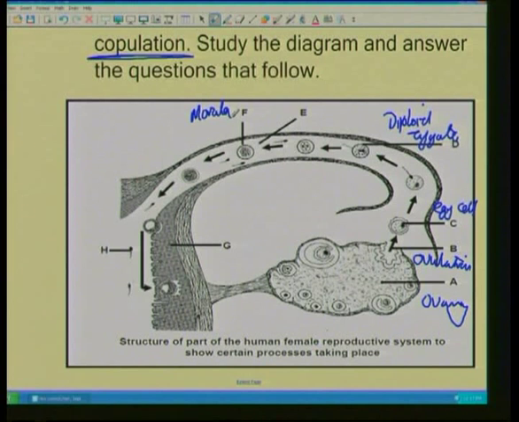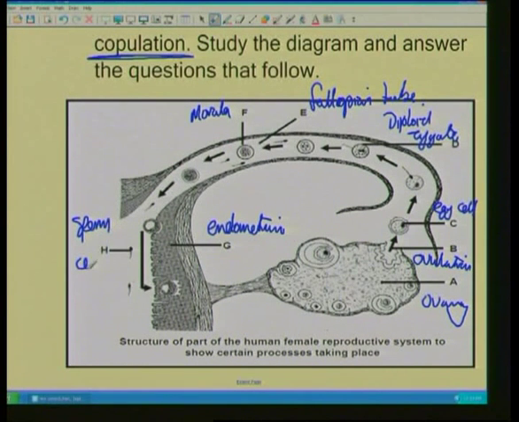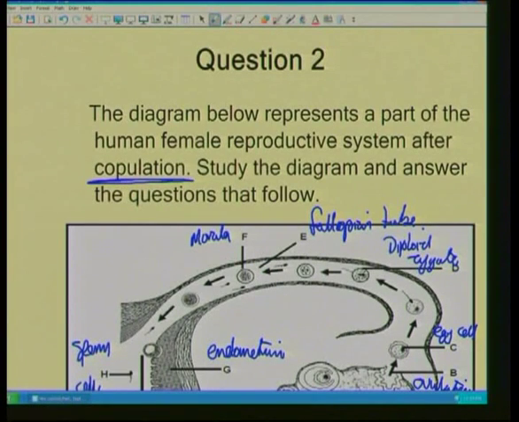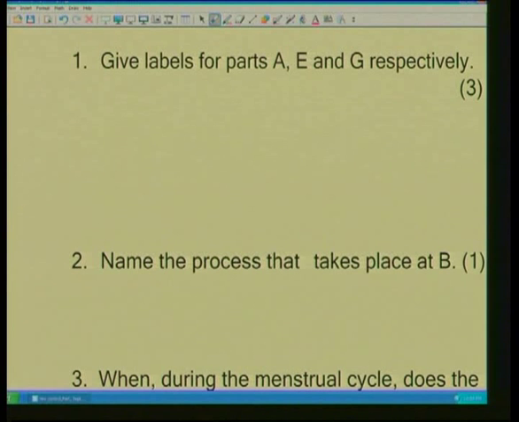E, I would say, is the fallopian tube, because it's not pointing to any structure here, it's just this area here. G is the endometrium of the uterus, if you really want to be technical, and H are our little sperm cells. Alrighty. Give labels for A, E, and G. Well, we've given labels for all of them, so we can just have a look at that back just now.